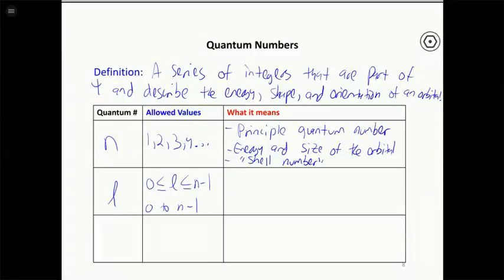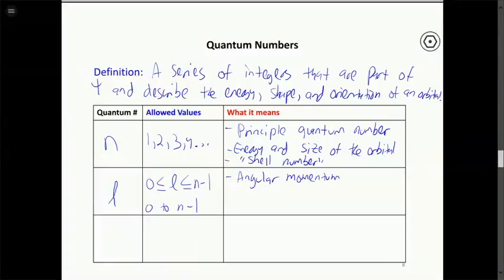Now what exactly does this tell us? The quantum mechanical descriptor of this is the angular momentum quantum number. So it tells us something about the angular momentum of the electron in that orbital. But that's not a very important thing to think about for a chemist. What it really tells us that is important is the shape of the orbital.